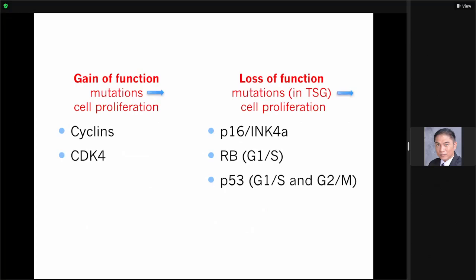So for these molecules to participate in carcinogenesis, so yung cyclins, cyclin D, these are cell cycle components. Cell cycle components, so cyclins and cyclin-dependent kinases. Cyclins will have to bind with CDK, cyclin-dependent kinases. For these kinases to do their job, ano yung gagawin nila?